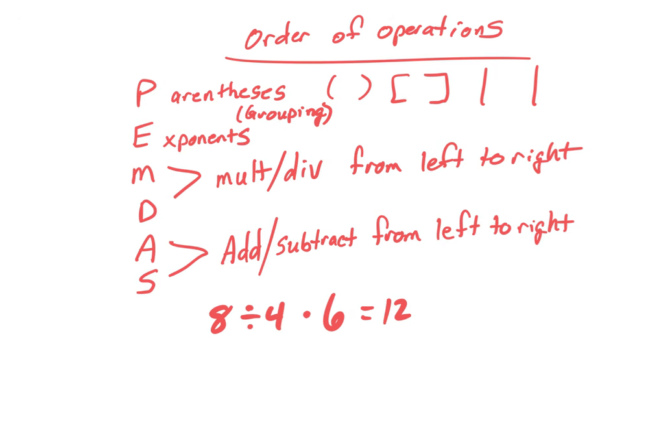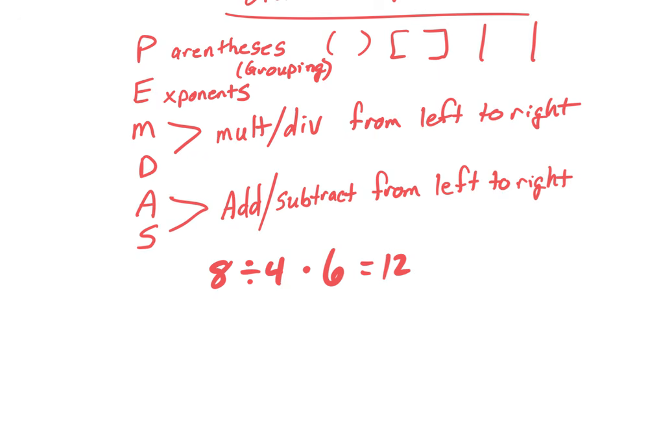Same would be true for addition and subtraction. If I said 6 minus 2 plus 7, we've got to do the subtraction first. 6 minus 2 is 4. 4 plus 7 is 11. If I decided I was going to do the addition first, 2 plus 7 is 9. 6 minus 9 is -3.